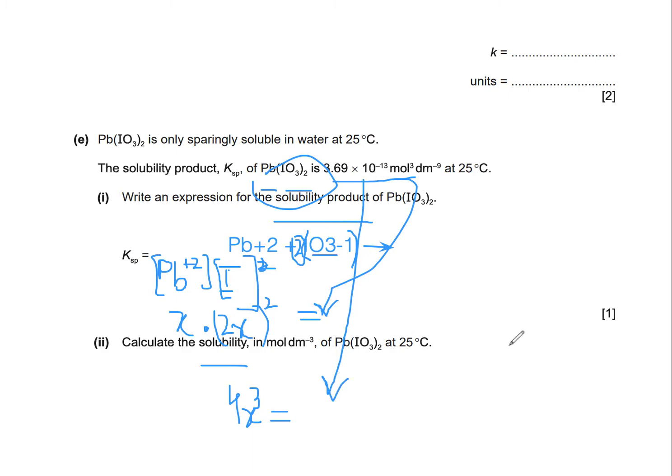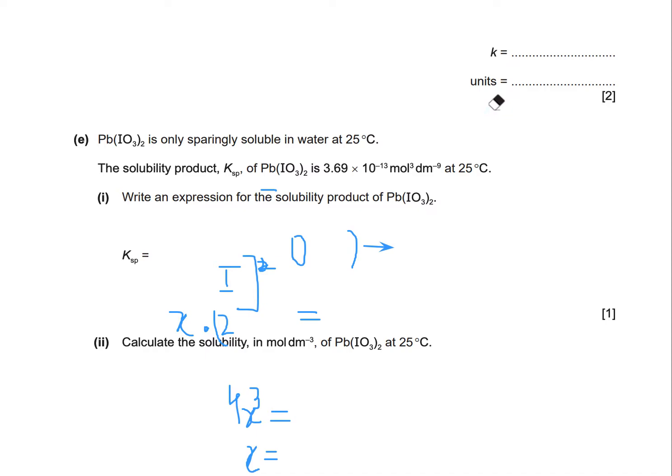So now we divide this by 4 and then take the cube root of that answer to calculate the value of x, and that's how you'll calculate the value of x. Now moving on.